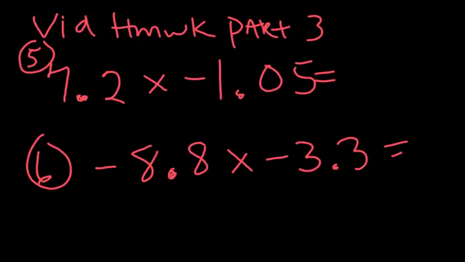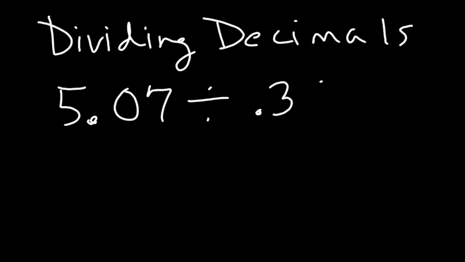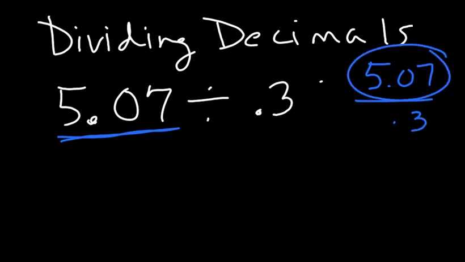Okay, here's part 3 of video homework. You know what to do. Okay, dividing decimals. First of all, the first number goes in the box. Or if it's written as a fraction, the top number goes in the box.